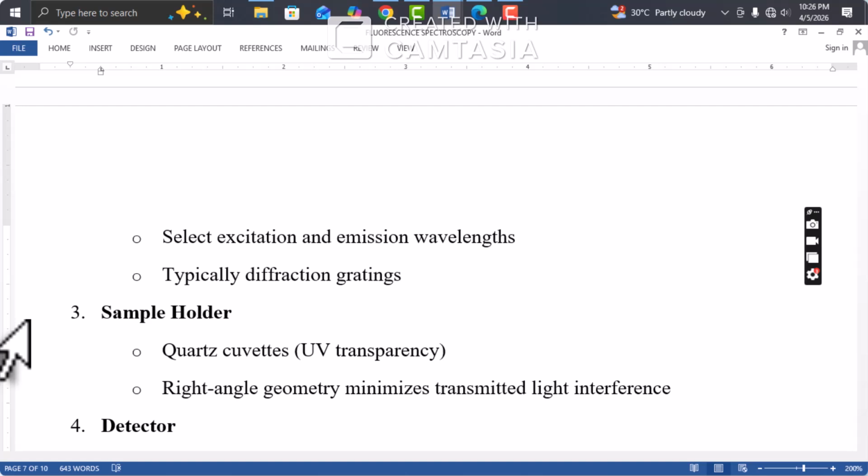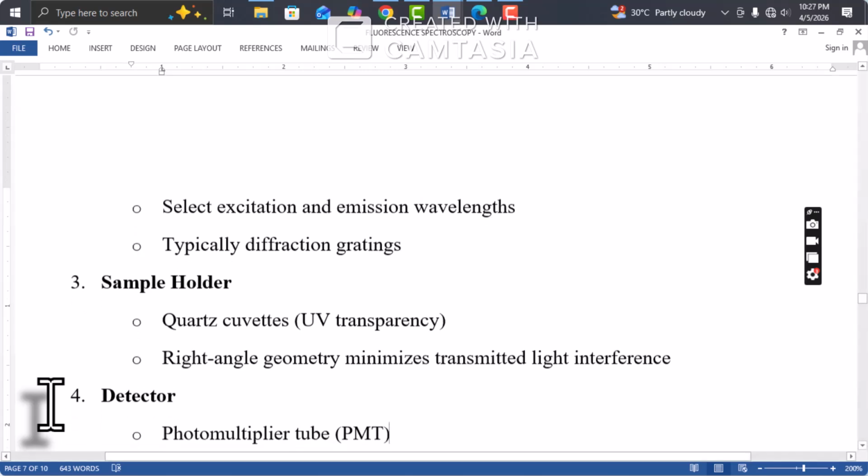But take note of the type of cuvette used. It should be a quartz cuvette, not glass or polymer. Why? Because the quartz cuvette is transparent to UV.